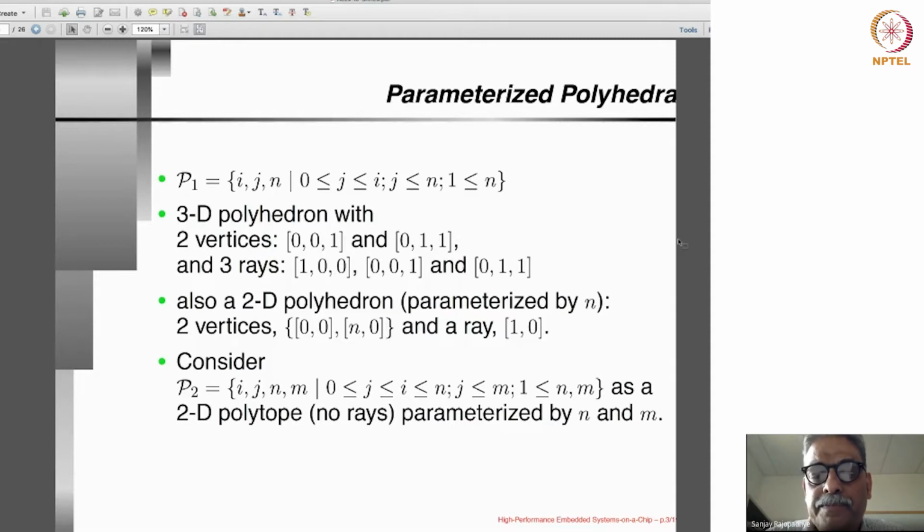All right, so because of that, this is a polytope. It's not an unbounded polyhedron, it's bounded, and it is parameterized by n and m. Okay, if you can visualize this a little bit, try to ask yourself, what are its vertices? The vertices can be functions of n and m, right?